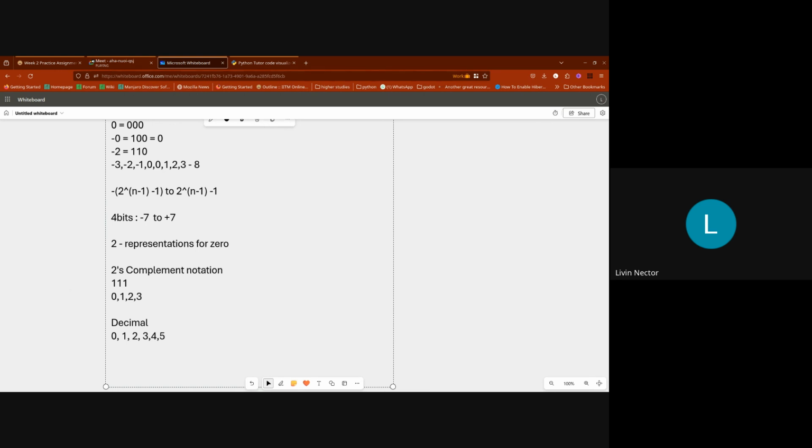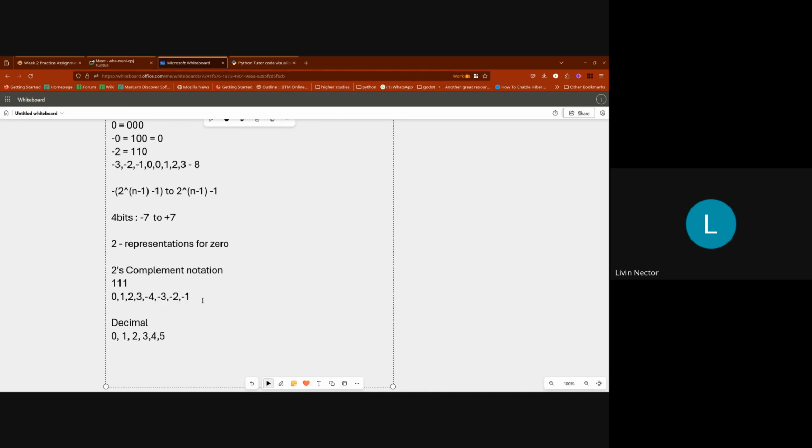With 2 power 3, I can represent 8 numbers, right? Then they started with minus 4, minus 3, minus 2, minus 1. They arranged the numbers like this. Why did they arrange the numbers in this order, going forward from 0 to 3 and in reverse order from minus 4?